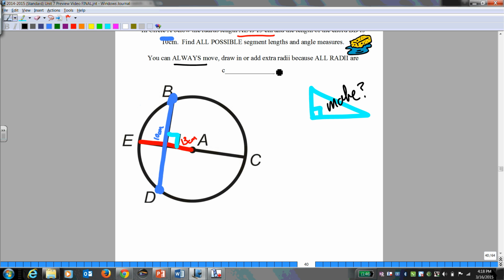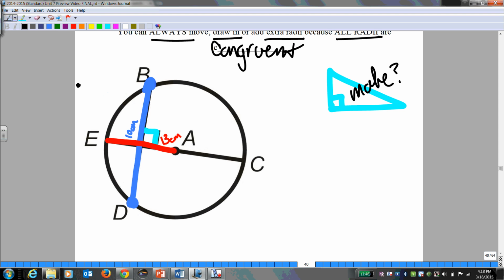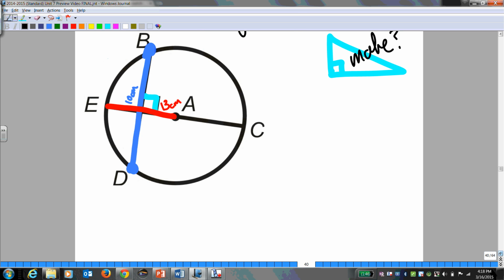Remember, you can always move, draw in, or add extra radii because all radii are congruent. Which means, can I add a radius so that I end up with a right triangle?